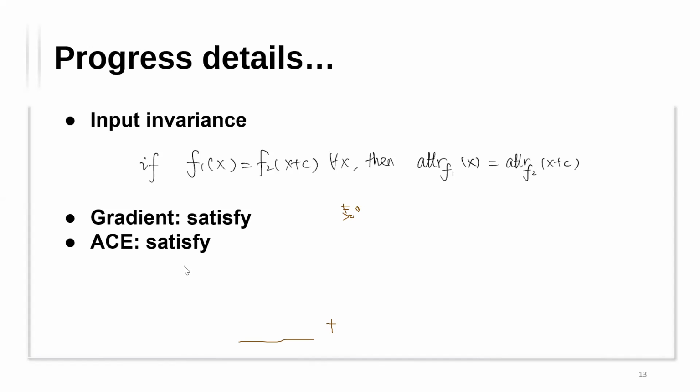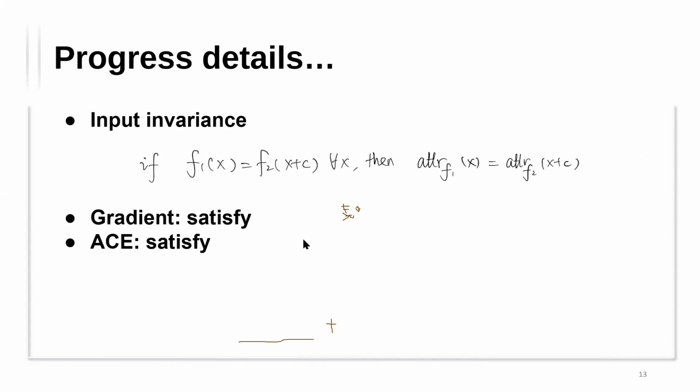But f1 x would always equal f2 x plus c. And then the attribution for f1 x should be the same as the attribution for f2 x plus c. Okay. Yeah, that's called input invariance.